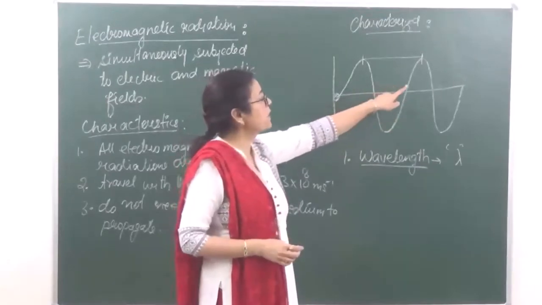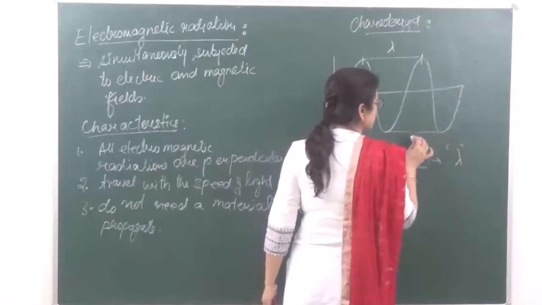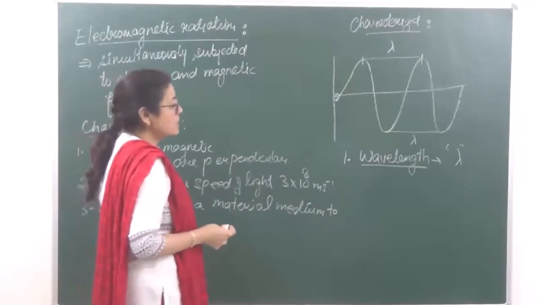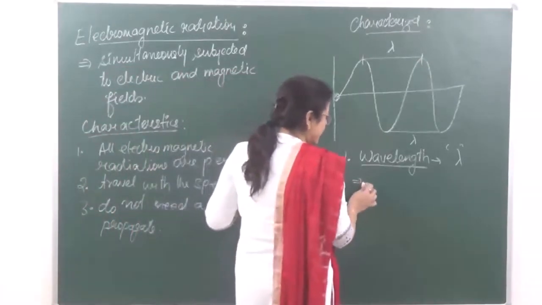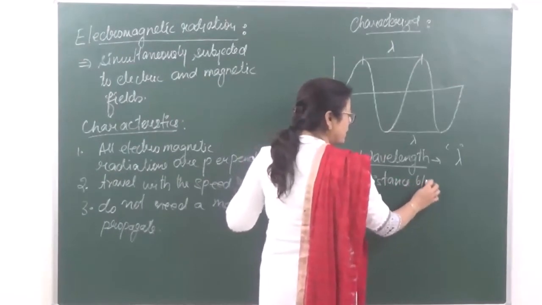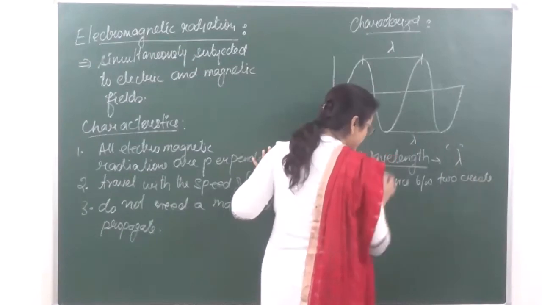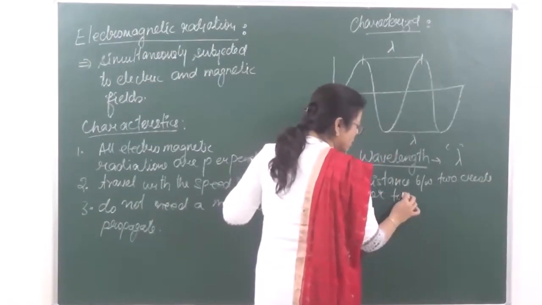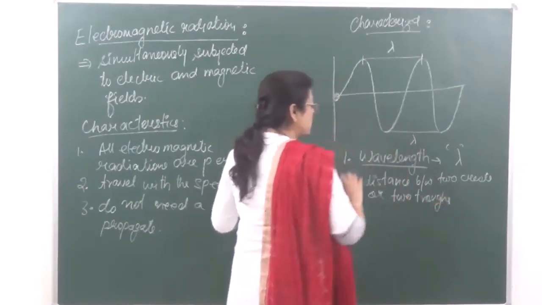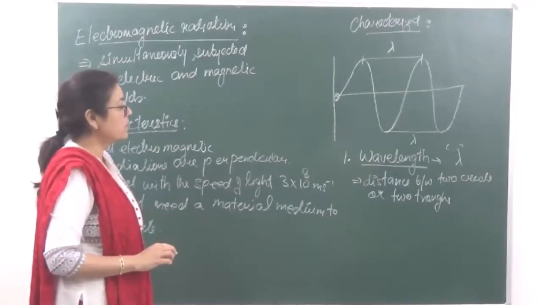So the distance between two crests or two troughs is known as lambda, or the wavelength.